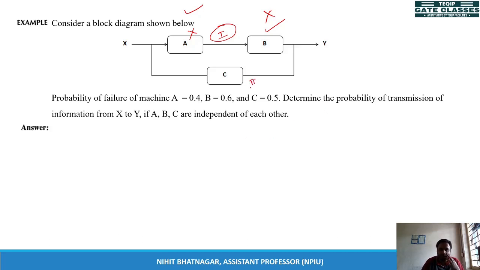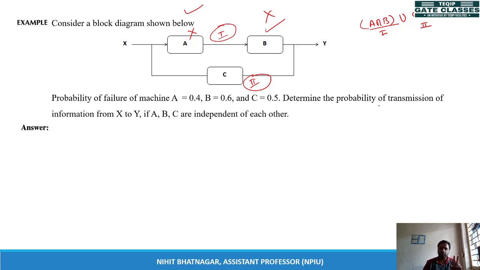In the second assembly line there is C. If C fails, no transmission is possible from the second assembly line. That's why we take A intersection B, which means they have to work together, or union C. It means either A and B work together, or C works alone.